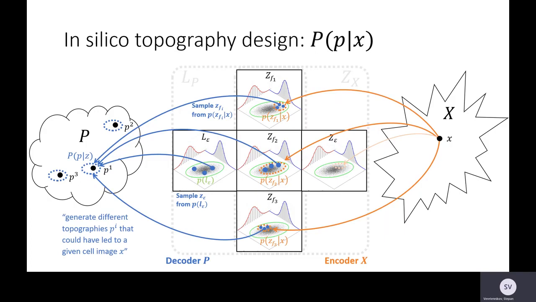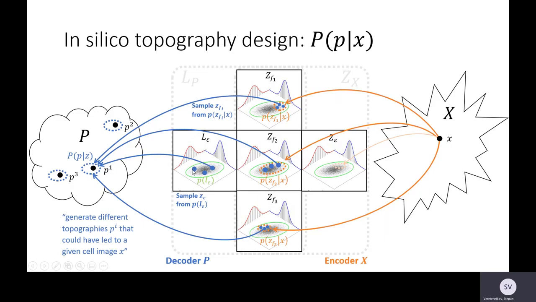So to get different topographies that could have led to this given image, we sample from Z space multiple times, from ZF1, ZF2, ZF3, and L epsilon, from LP space, I meant. This is depicted here as well. So we take another blue point here, another here, another here, and another here.